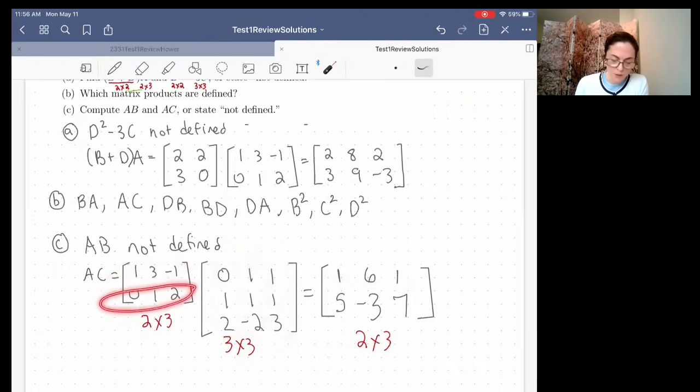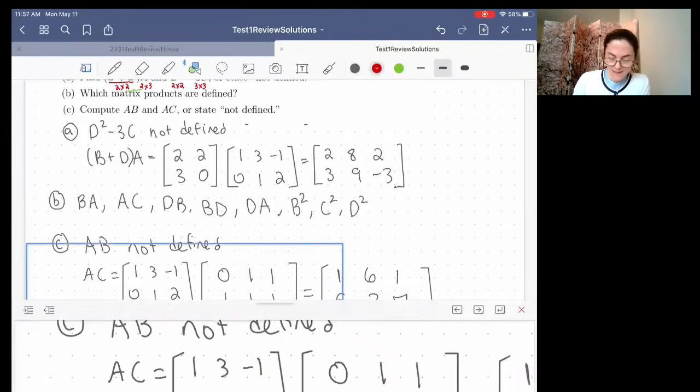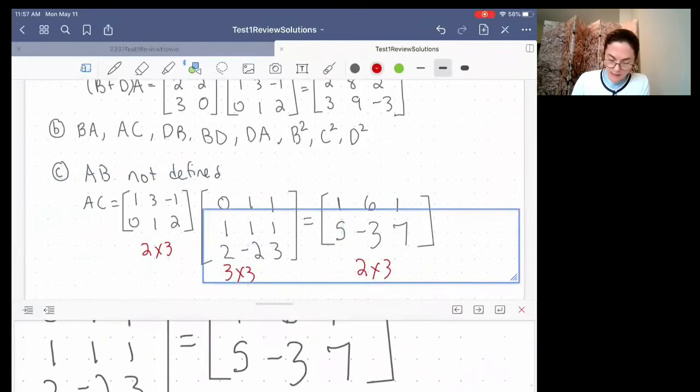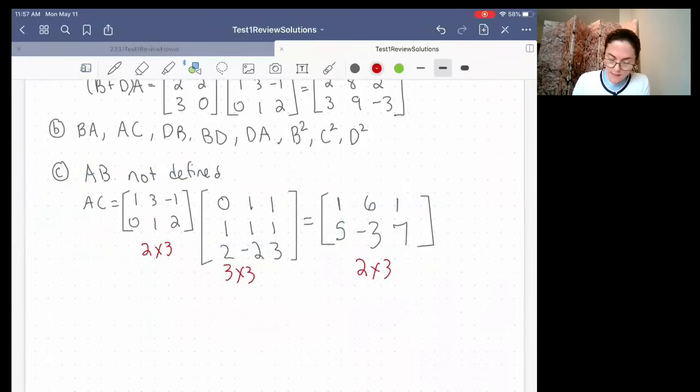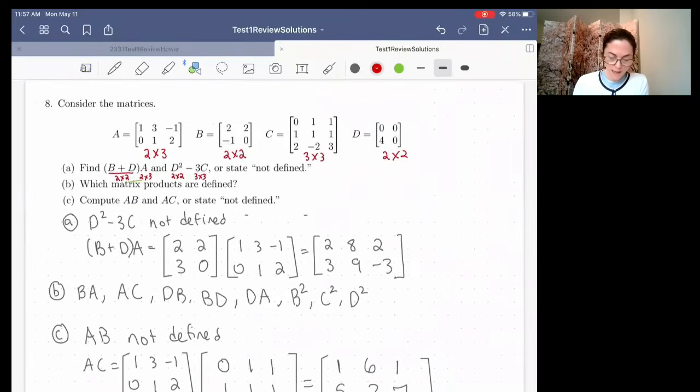And then I move down this row, row dot column is the 5, row dot column minus 3, row dot column positive 7. And this is how we compute the matrix product. And so here is the final answer, this matrix here. Okay, A times C, and then as we discussed, AB is not defined.